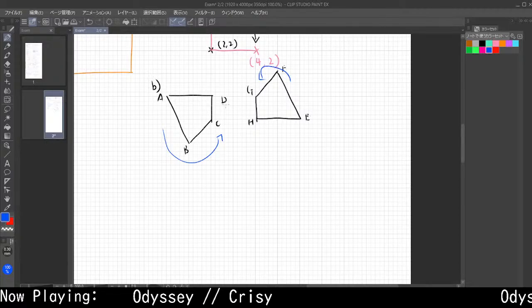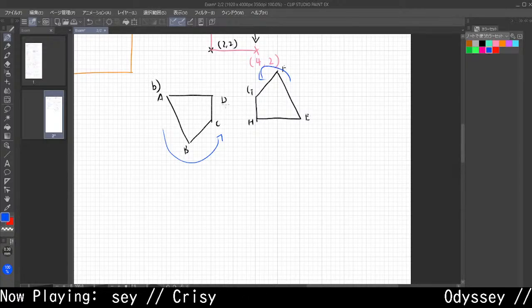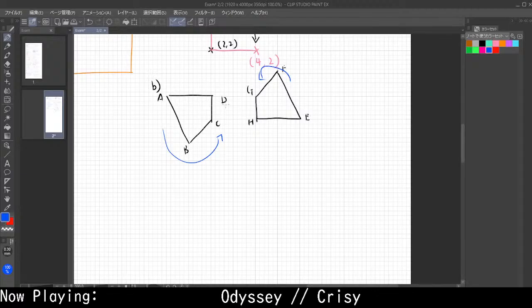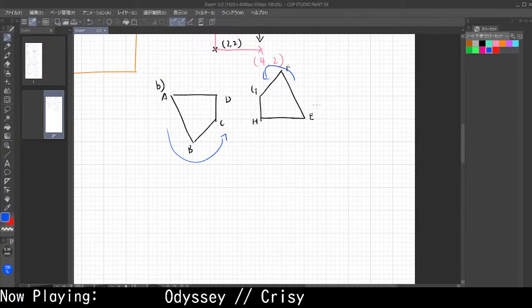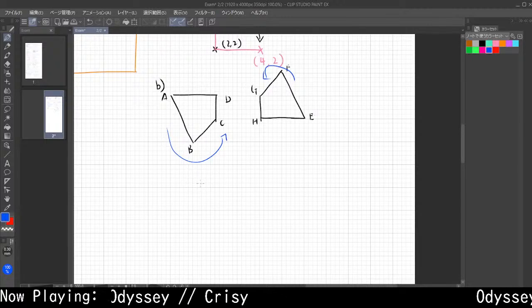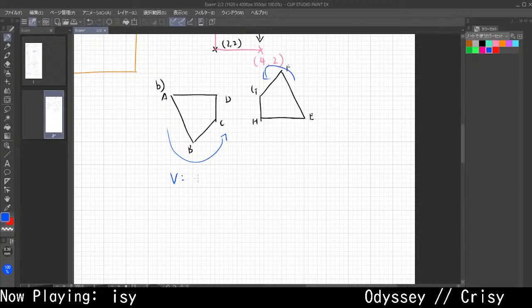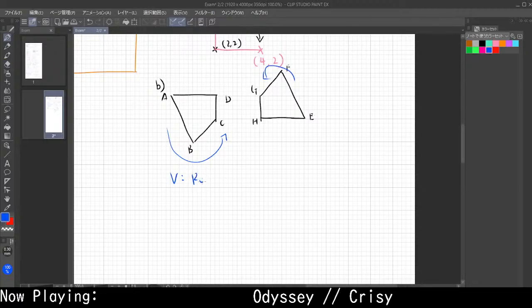So it's either rotation or reflection. In this case, your order of letters remains unchanged, so it would be rotation. Okay, so since we now know it's rotation, we can first write your V is a rotation. Okay, so how much did it rotate?